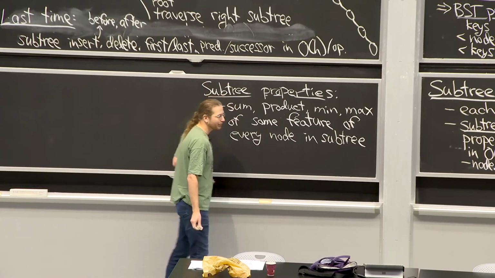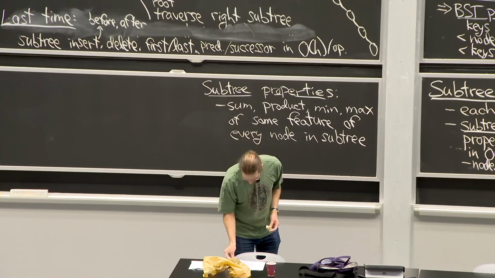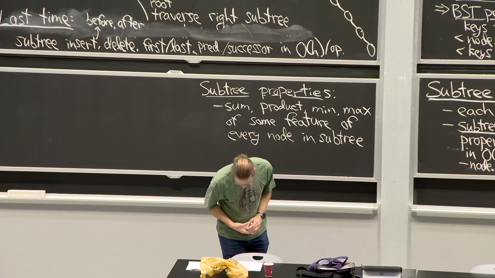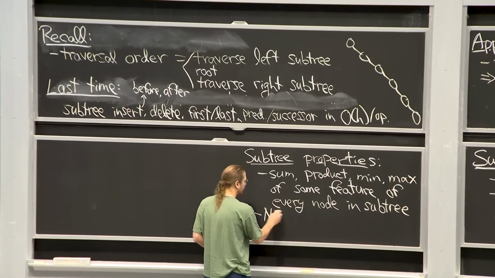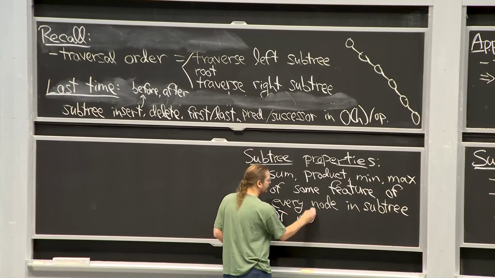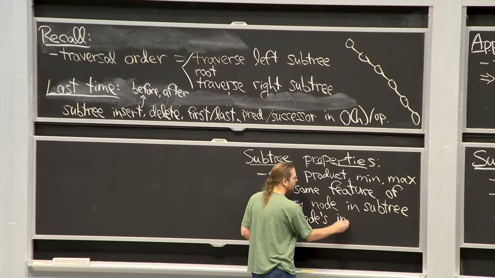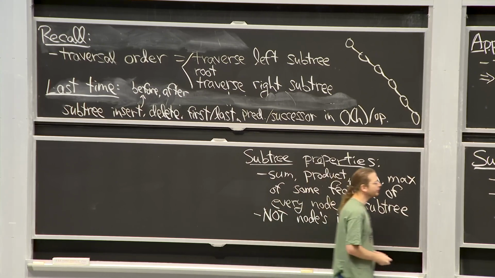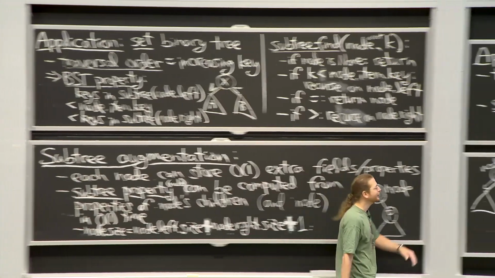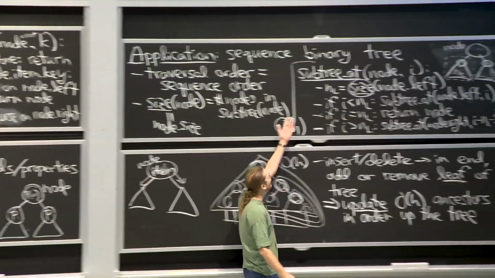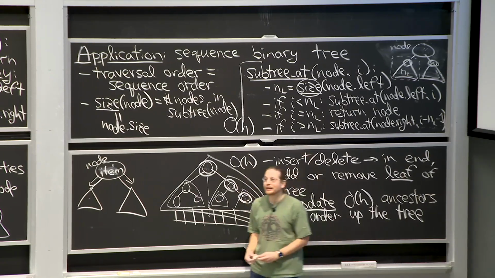Some examples of things you cannot maintain are a node's index. If you get a little bit too excited about augmentation, you might think, oh, I can do everything. I needed to support subtree at, or let's just say get at globally.